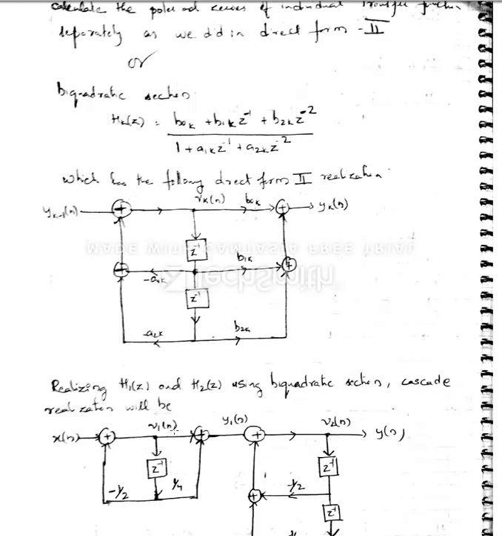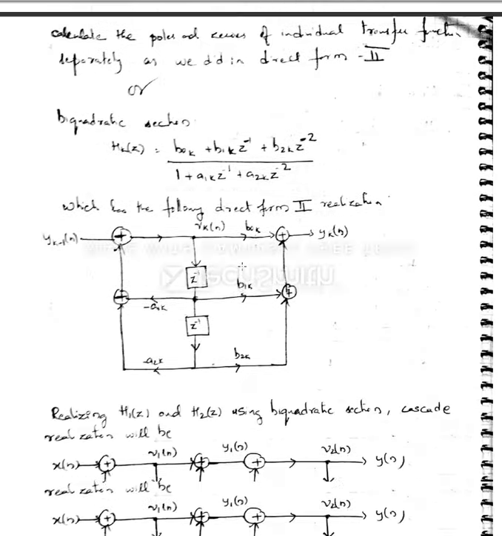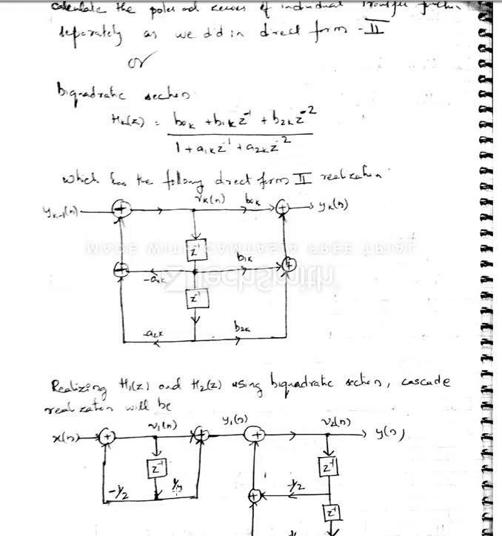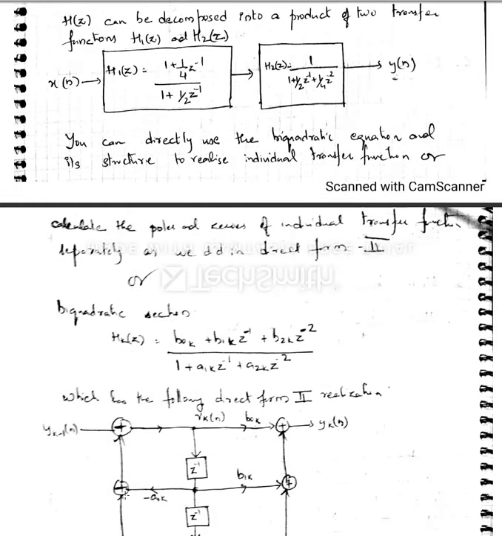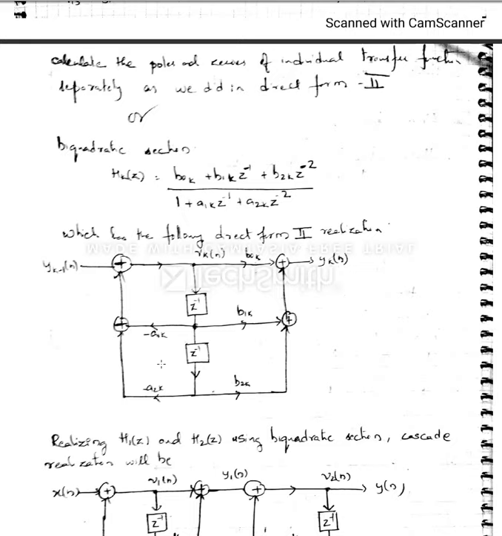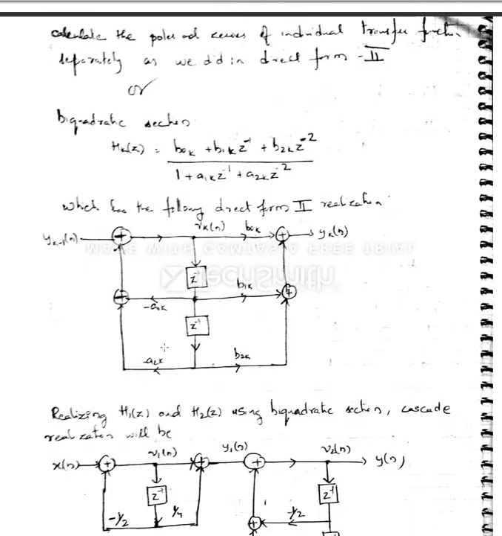So now 1 plus 1 by 4. So here 1 by 4. Why 1 by 4? Because this is positive and 1 by 4 as it is positive. So I have written 1 by 4 here. Can you see this? Now here, what about our zeros?